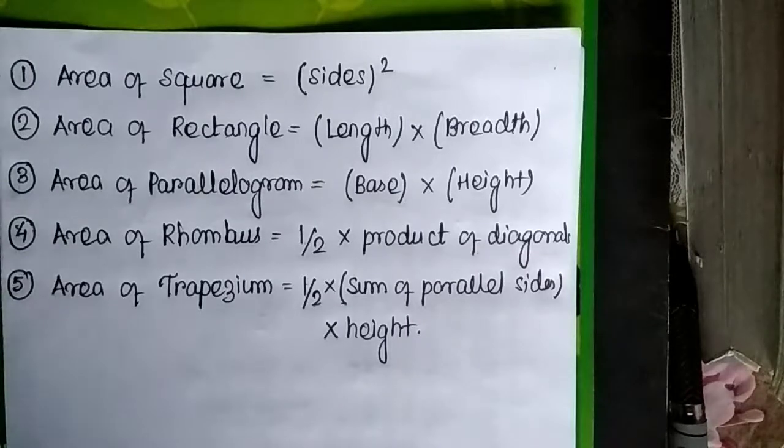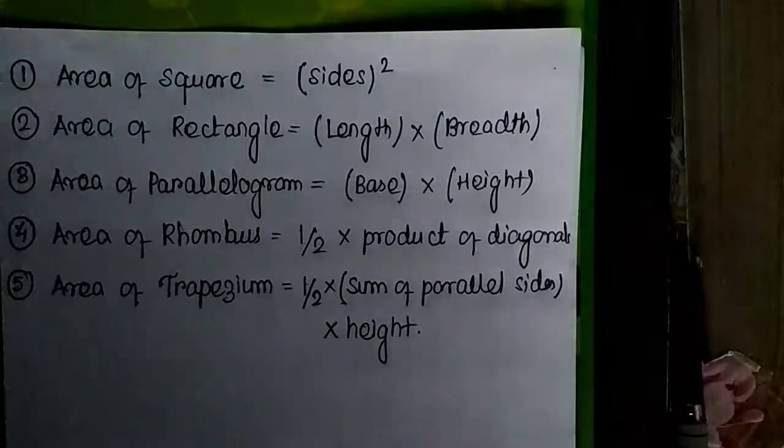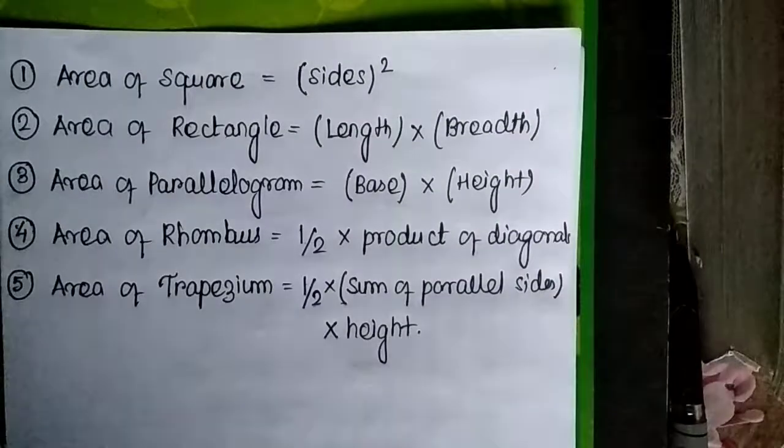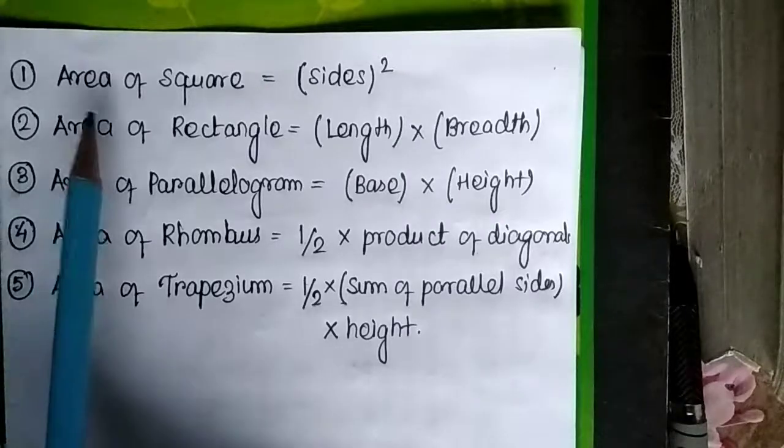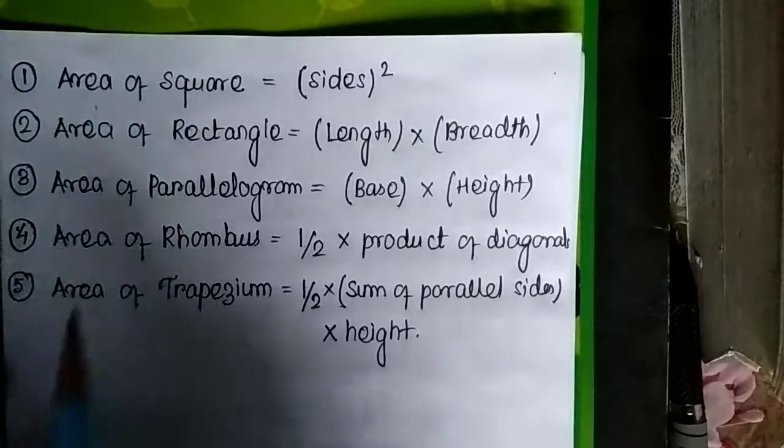But area always comes in square format, that is meter square, centimeter square and kilometer square, etc. And do remember that volume also comes in cubic, that is meter cube, centimeter cube, kilometer cube, etc. So now let me discuss these formulas.